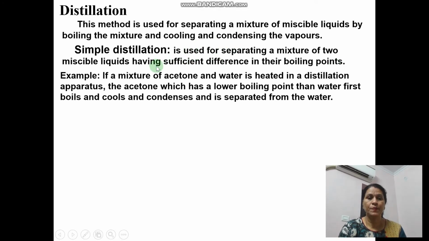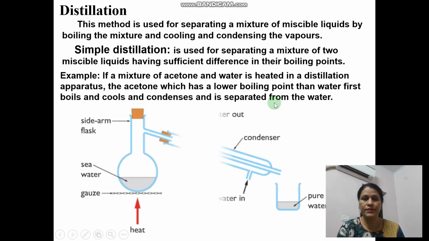Now for example, a mixture of acetone and water is heated in a distillation apparatus. The acetone, which has a lower boiling point than water, first boils, cools, condenses and is separated from the water. Now look at this, I'll explain with the help of that.